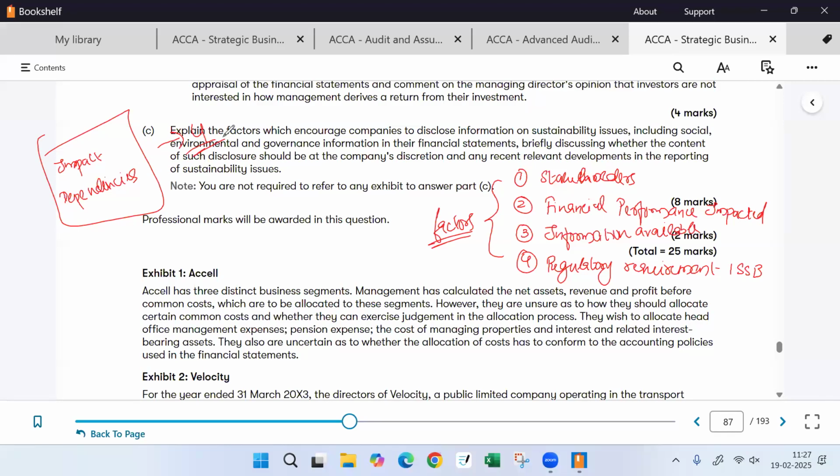What I'll do is I'll create a summary of this and I will give it to you. You can also read this because by reading this, you will be able to understand what you should be writing in your answers if you're asked anything related to this particular question. I'll just summarize and give it to you. Just read this. You can expand it in your answers. Clear? Right. Any other question?